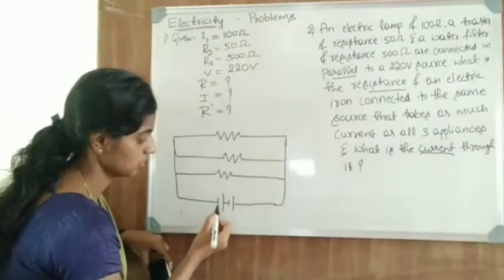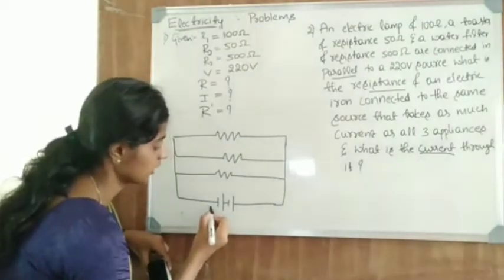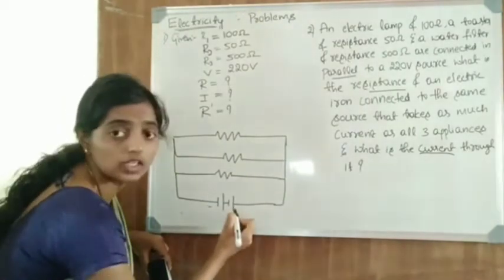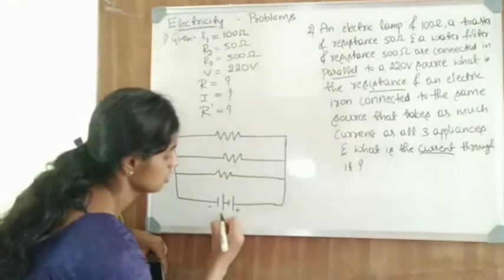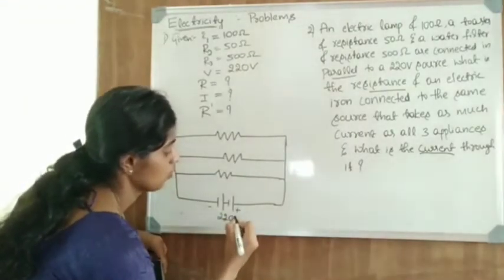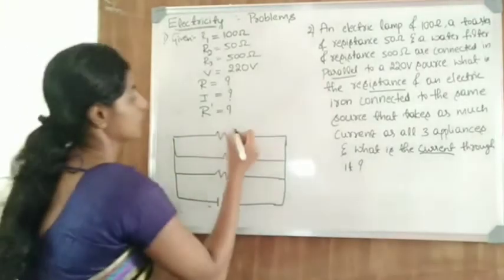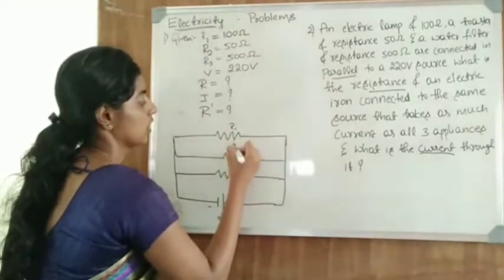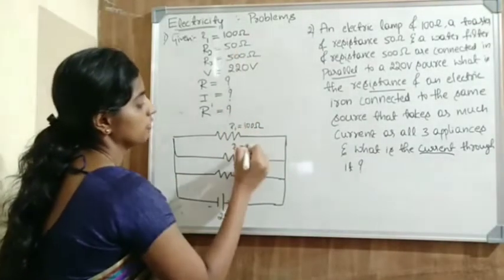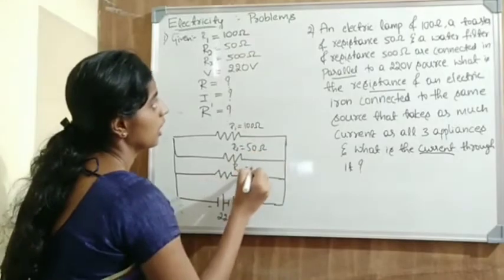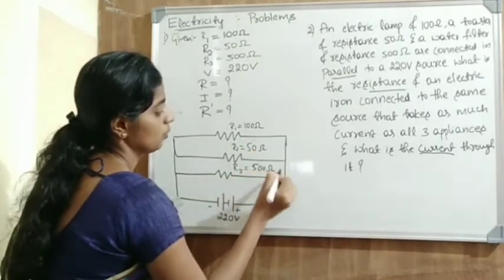See, observe, this is a short line, this indicates negative terminal, and this is a bigger line which indicates positive terminal. So this is 220 volt, and this one is our R1, R2, R3, that is 100 ohm, 50 ohm and 500 ohm.